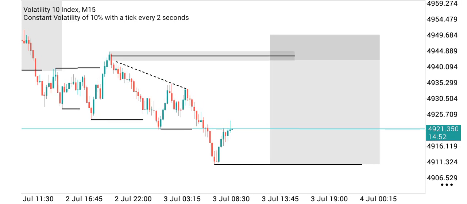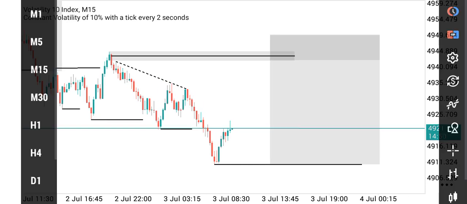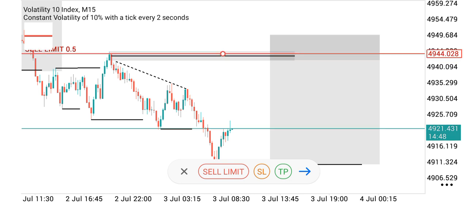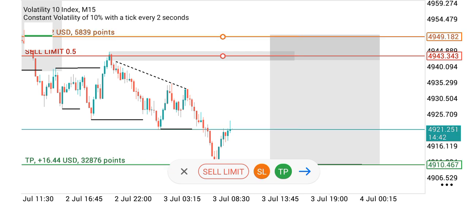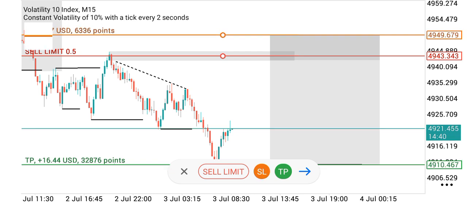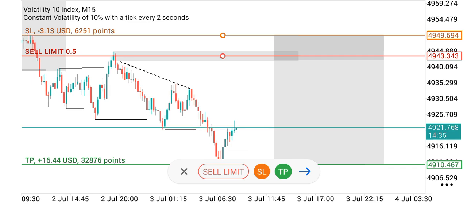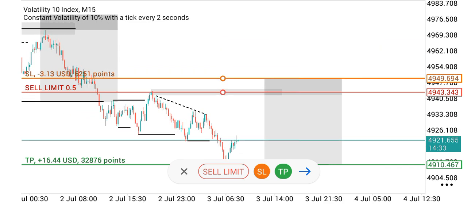So let's check our risk to reward again. Entering the trade from here, taking profit at this zone, which is $16, we're risking at least $3.